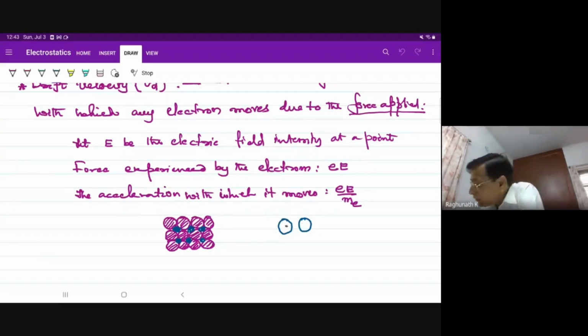It is the average distance between the centers of those two atoms participating in bonding. Why average distance? Because they will be vibrating about their mean positions. In any practicable temperature, which is above 0 degrees Kelvin, these atoms will be vibrating about their mean positions.